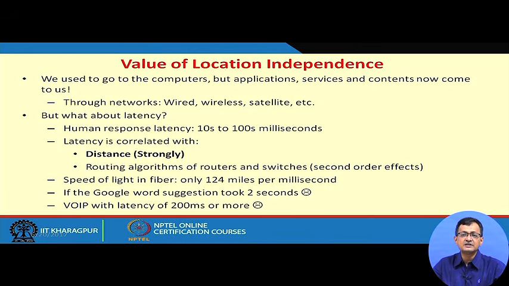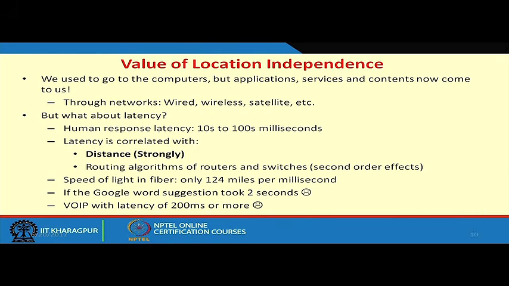Then there is the value of location independence. We used to go to the computers, but the application services and contents now come to us, right. So, there is a paradigm shift: we used to go to the system to work on it, and now the system power and so on are coming to my own desktop.